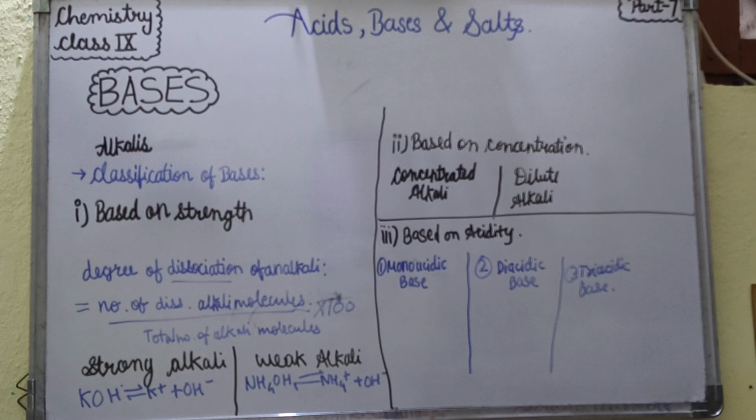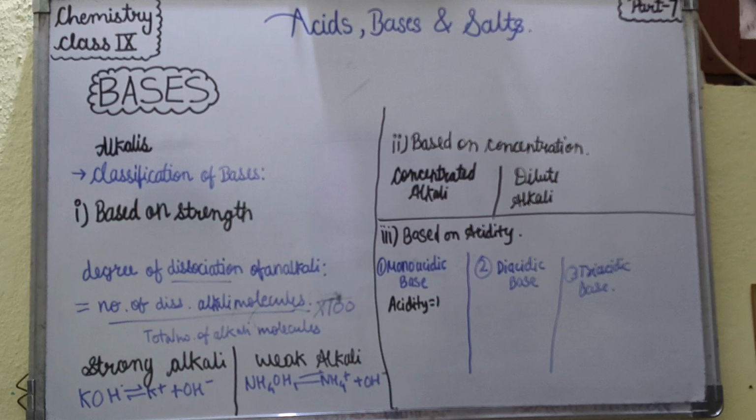Monoacidic base. If one molecule of a base on complete ionization produces one hydroxyl ion, then the base is said to be a monoacidic base. Monoacidic base acidity is equal to 1.